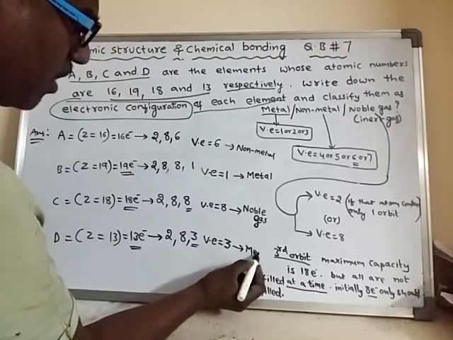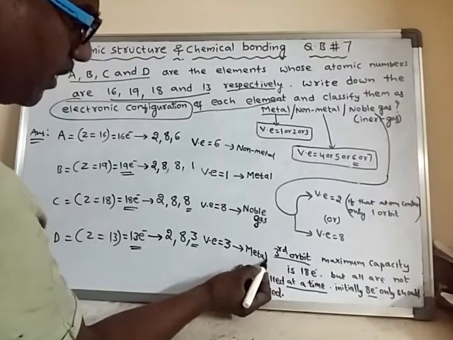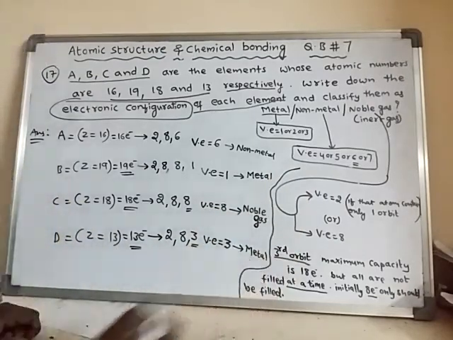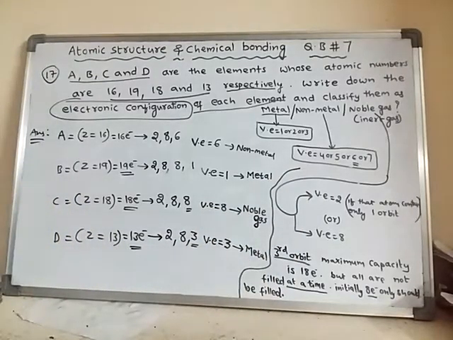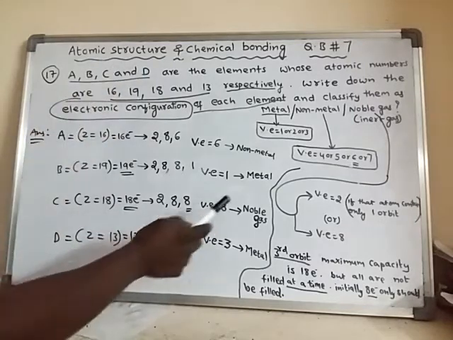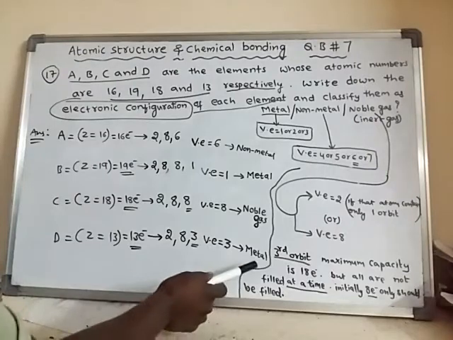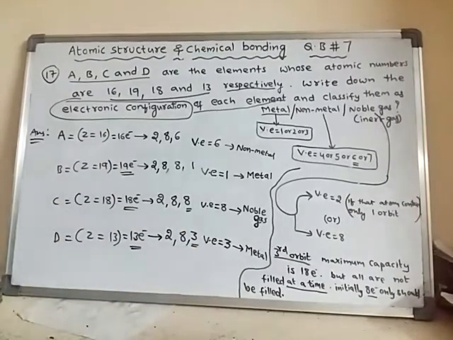Element D is a metal atom. So in this way, these elements A, B, C, D are classified as a non-metal, metal, noble gas and metal.